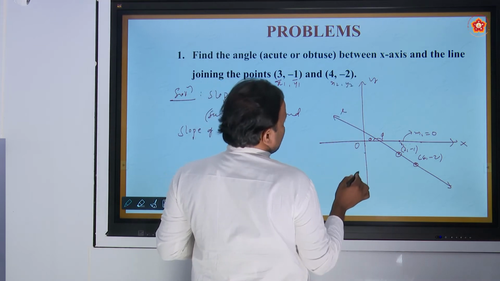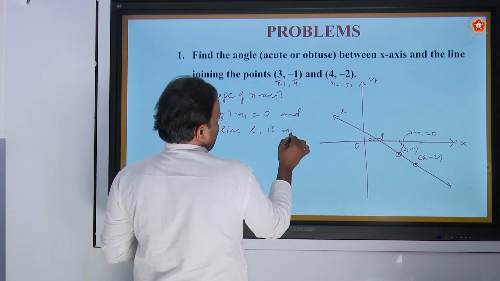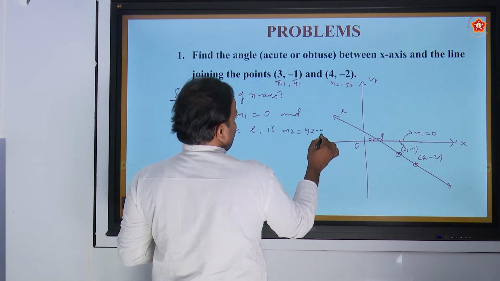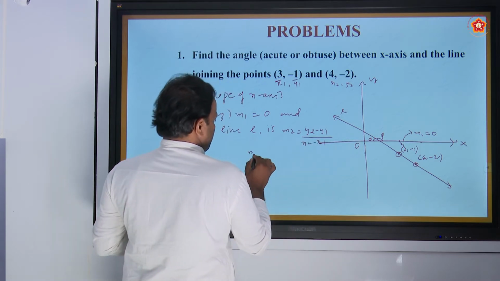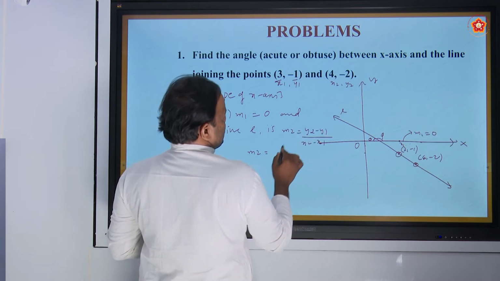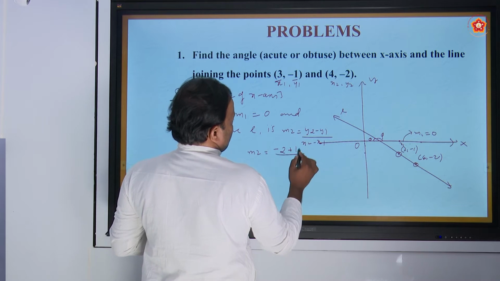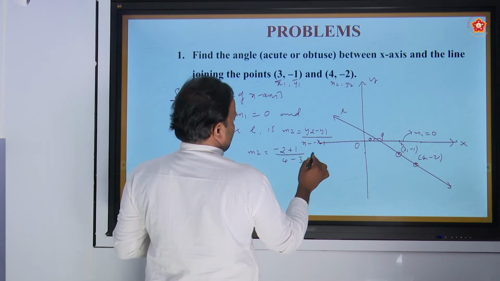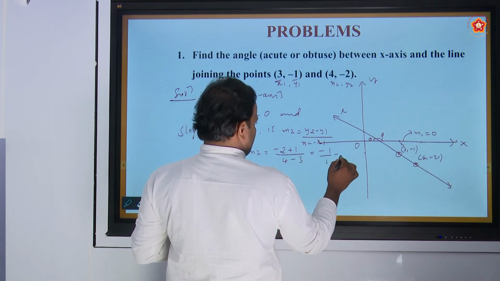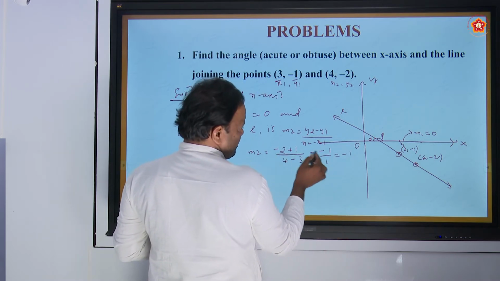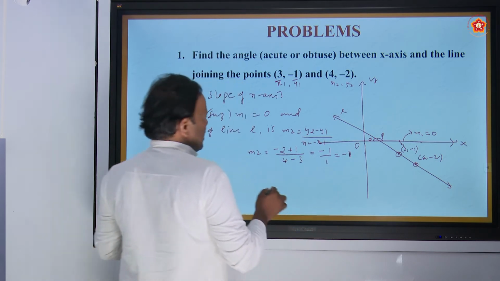Say the slope is m2. The formula is (y2 minus y1) divided by (x2 minus x1). So, m2 is equal to (minus 2 minus minus 1), that is minus 2 plus 1, divided by (4 minus 3). Minus 2 plus 1 is minus 1, and 4 minus 3 is 1, so this is minus 1. This is the slope of the line m2.